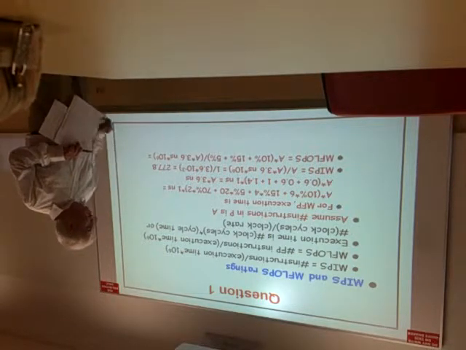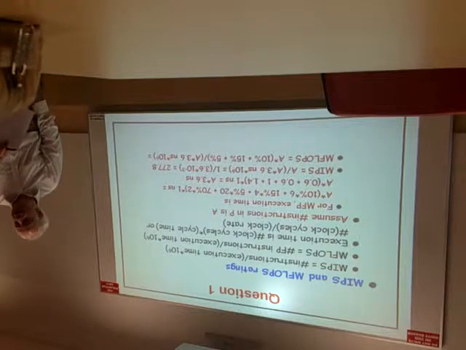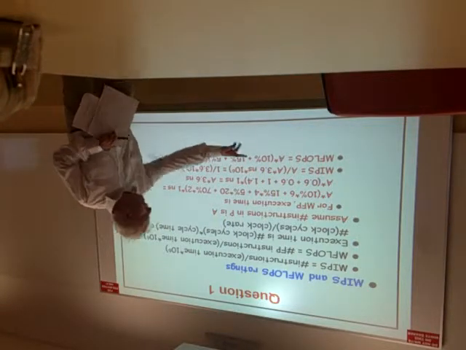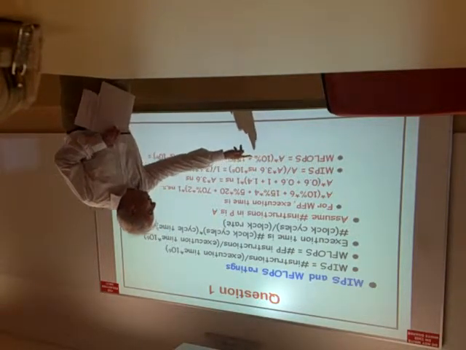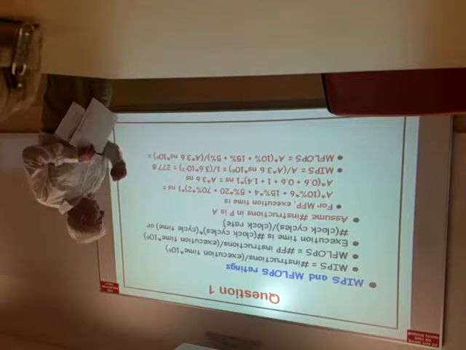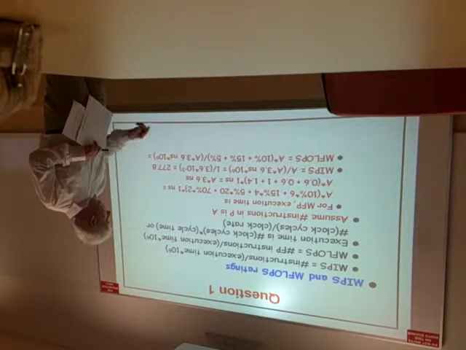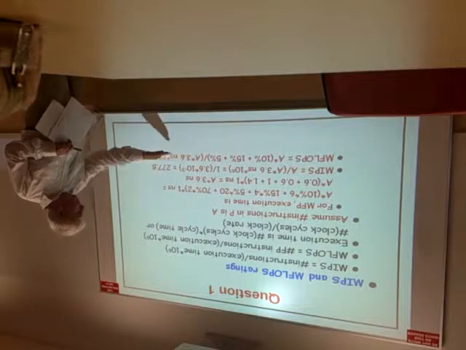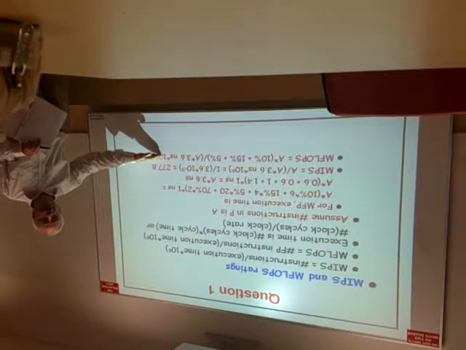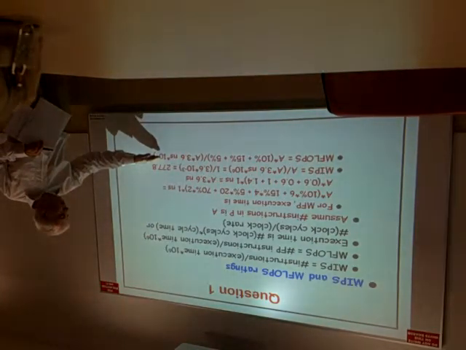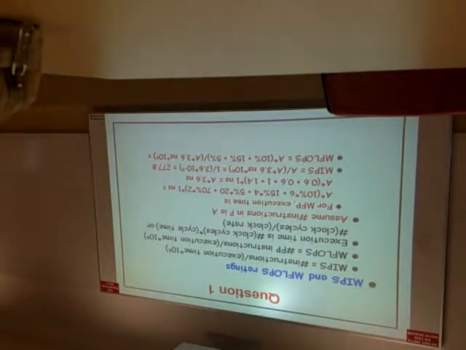So the number of floating point instructions executed is A times 10% plus 15% plus 5%. Again, we divide that by the execution time. The execution time is the same, but the number of instructions is different.